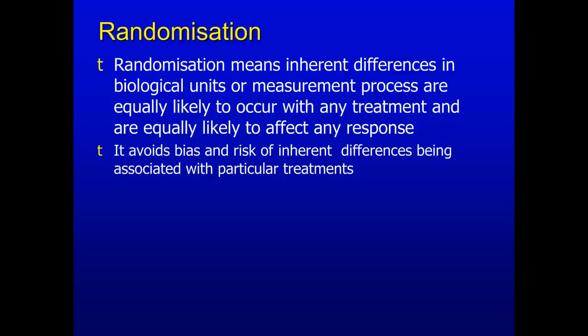So it avoids the possibility that the inherent differences get clustered and associated with particular treatments. Although, to be fair, that might be one possible random outcome, but the chances of that are very low.